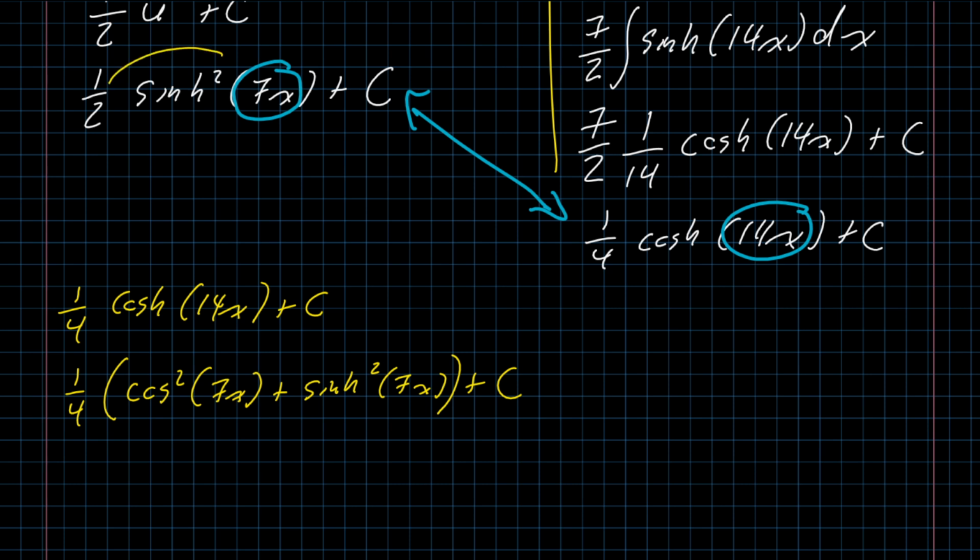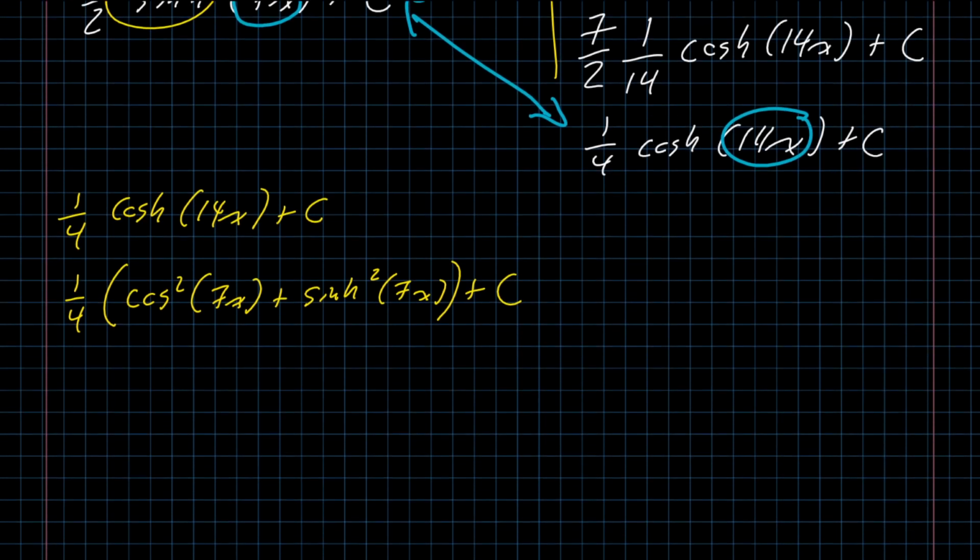It would be really nice if we had just sinh. So from here, I will use the Pythagorean looking identity. Remember, cosh squared minus sinh squared is equal to 1.